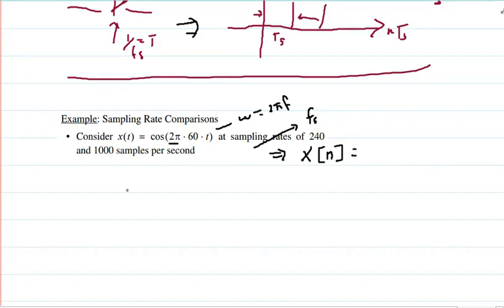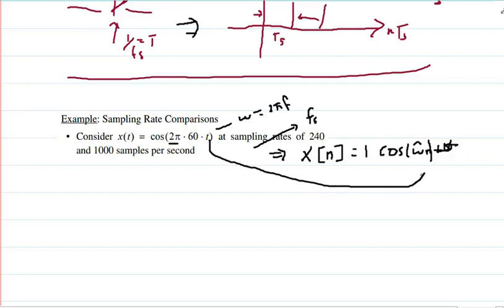We assume it's a cosine, so we have cos(omega cap n + phi), where phi is 0, so we don't need that. Phi doesn't change, and the amplitude remains the same, correct? So we have to find omega cap.